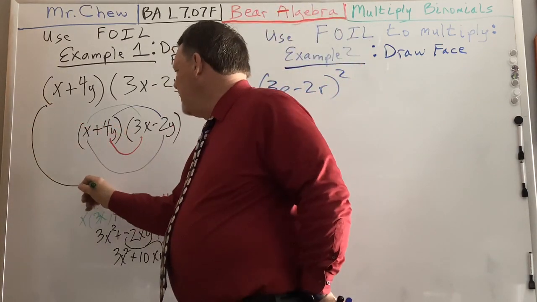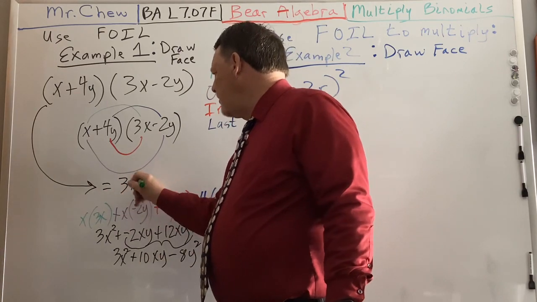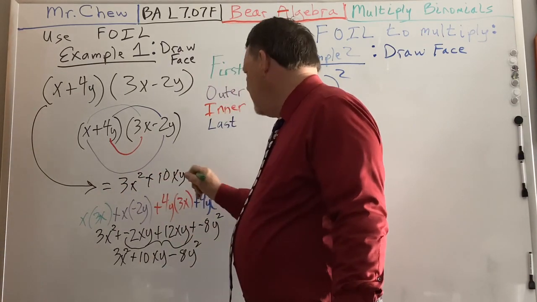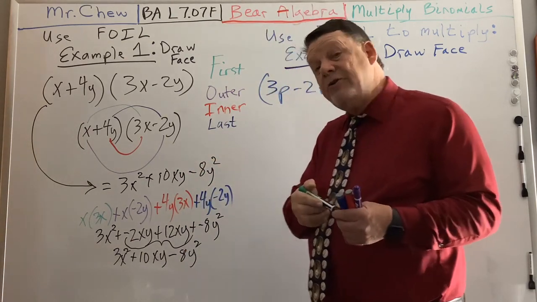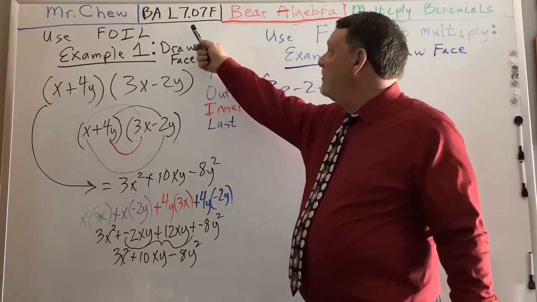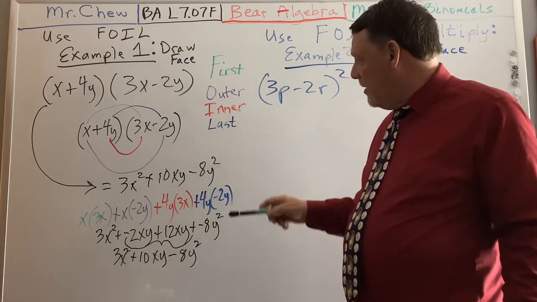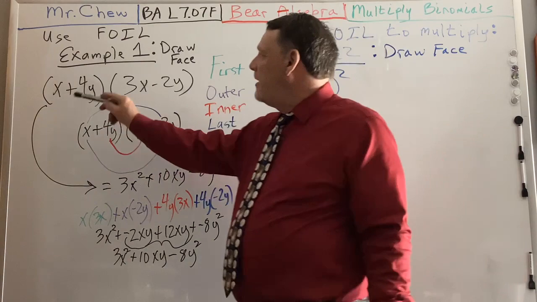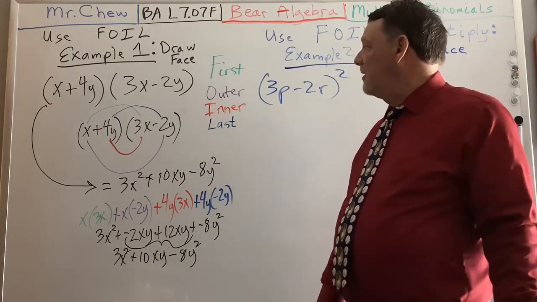So this equals 3x squared plus 10xy minus 8y squared. And you have to learn how to do this quickly in Unit 7, which is what we're in now, because in Unit 8 you factor and you take this polynomial and break it into two binomials. So it's just a matter of practicing this.